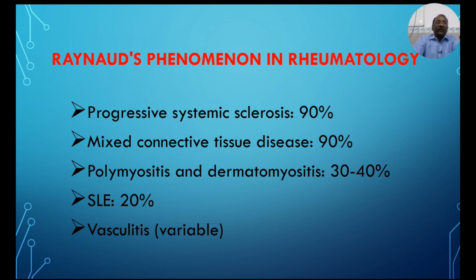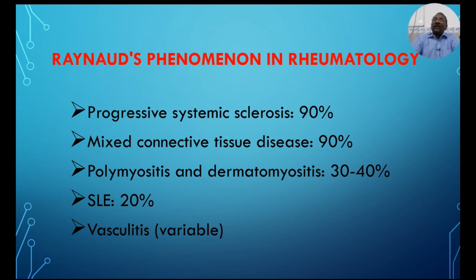It could be progressive systemic sclerosis: fish mouth, salt and pepper appearance of the skin, vasculitis features, gastrointestinal symptomatology, the gastroesophageal motility will be disturbed here. They are very thin, mostly females. So that is progressive systemic sclerosis.